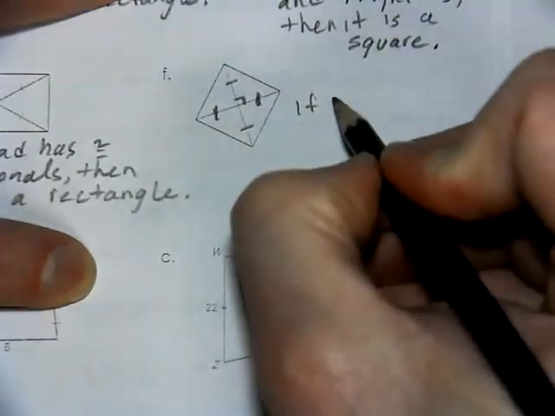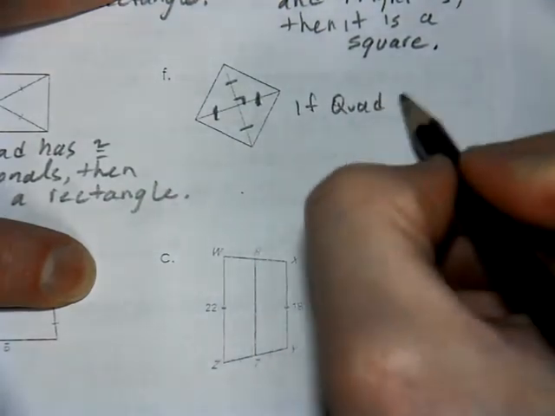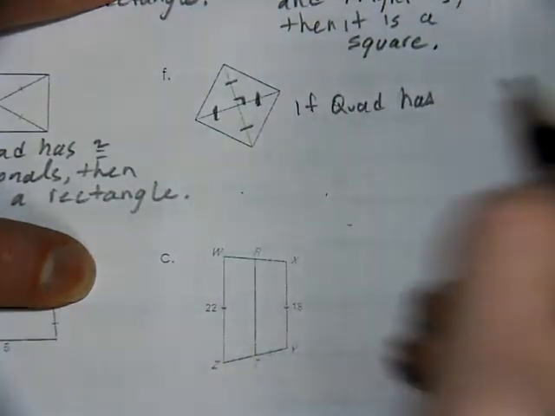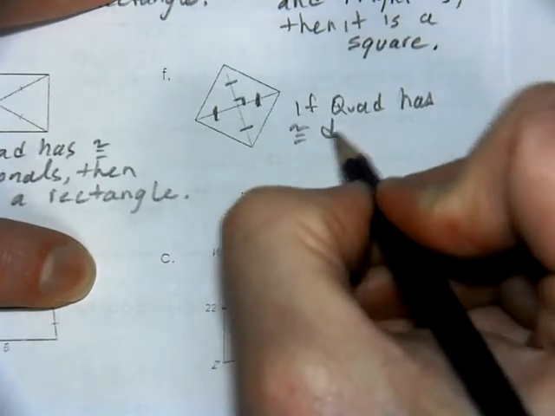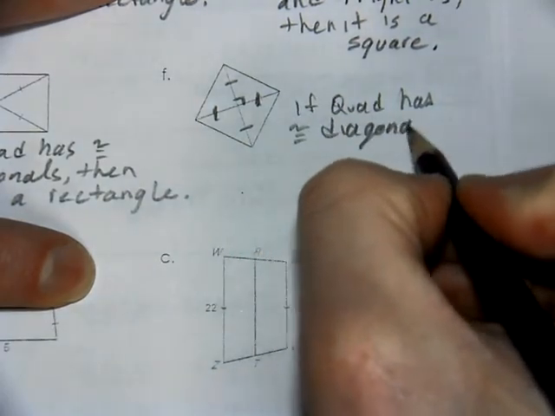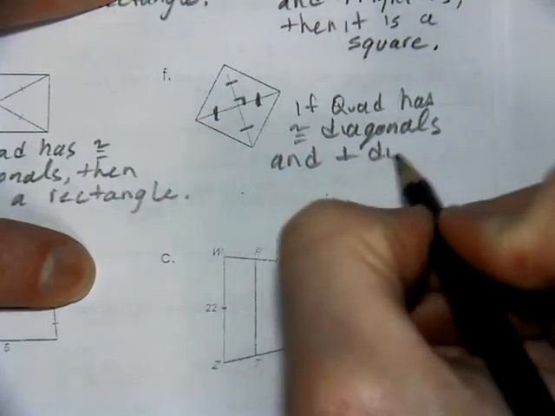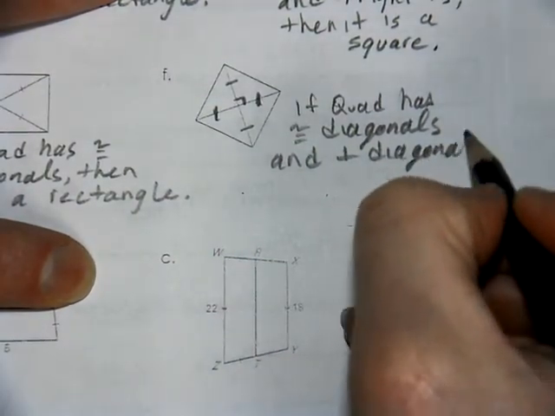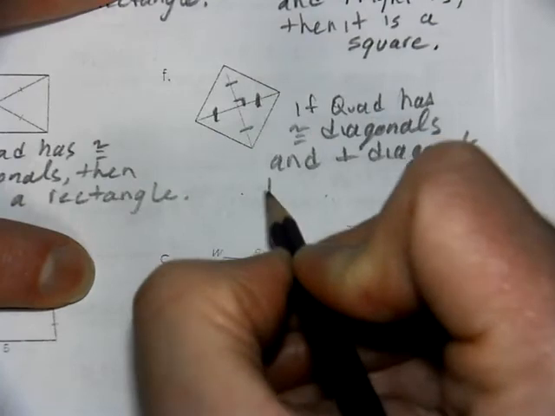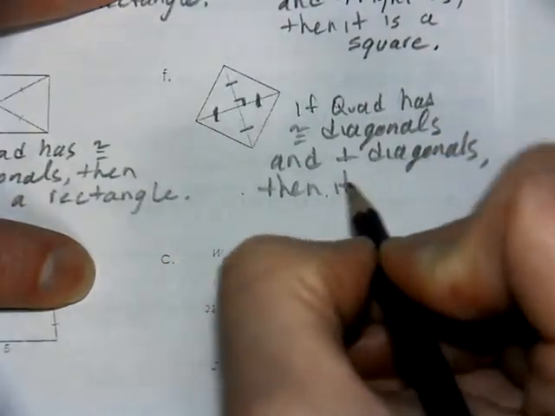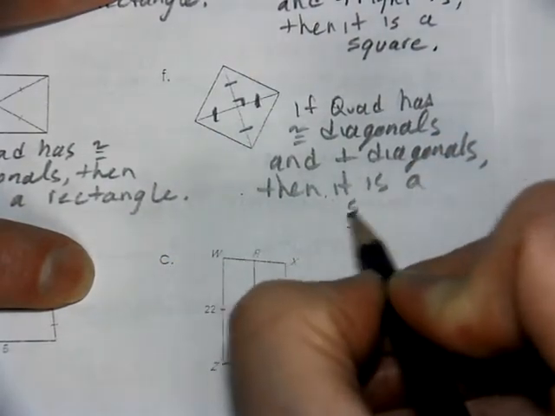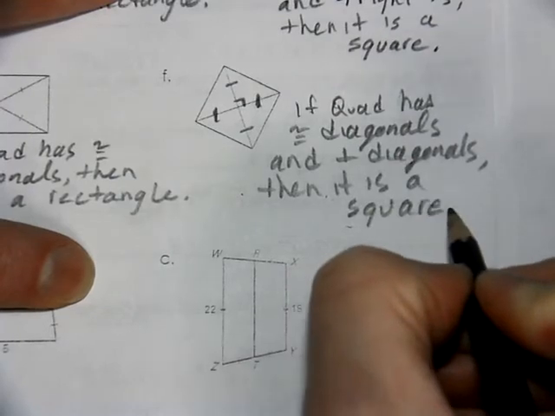So if quad has congruent diagonals and perpendicular diagonals, then it is a square.